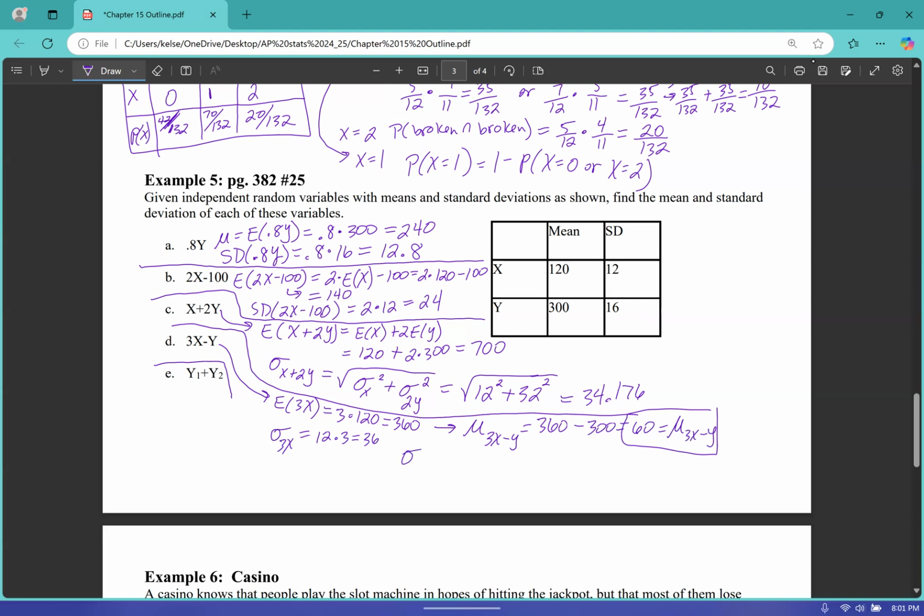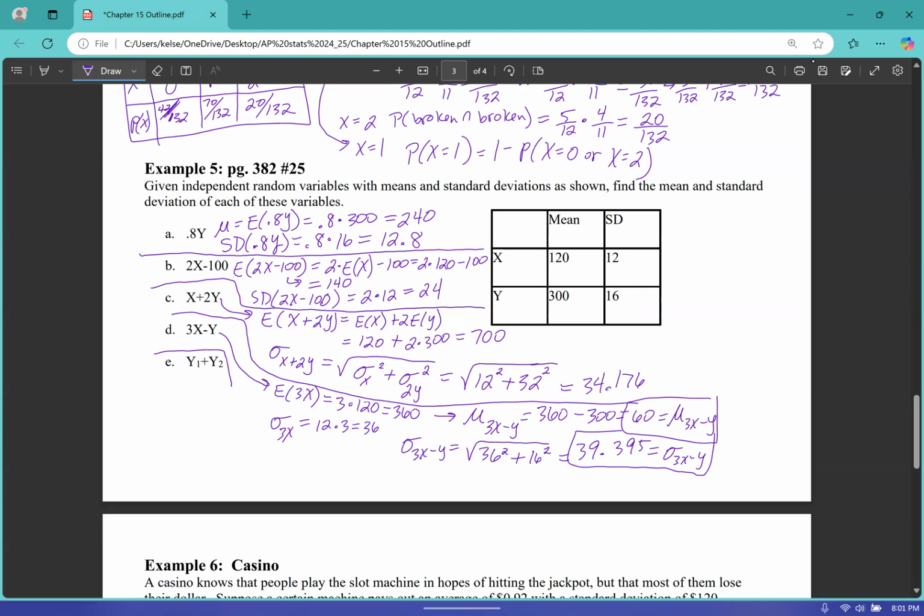So the standard deviation of 3x minus y equals the square root of the standard deviation of 3x squared, so 36 squared, plus, it's always plus, the standard deviation of y squared, so 16 squared. And that will come out to be 39.395. That would be your standard deviation of 3x minus y.